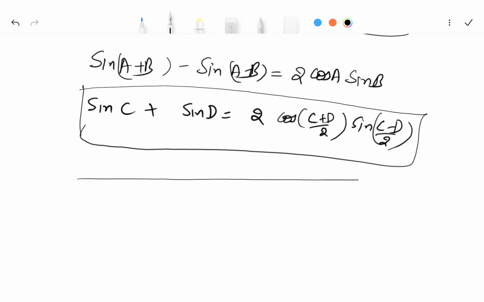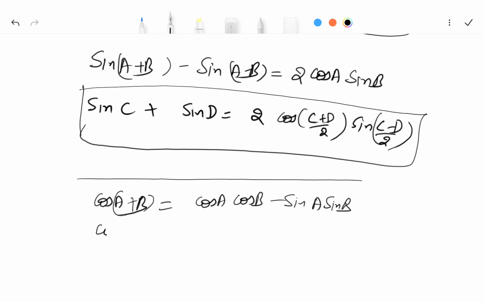Now what is cos(A plus B)? It is equal to cos A cos B minus sine A sine B. Cos(A minus B) is equal to cos A cos B plus sine A sine B. Now I will add both the sides.